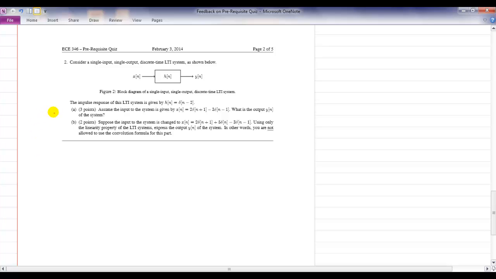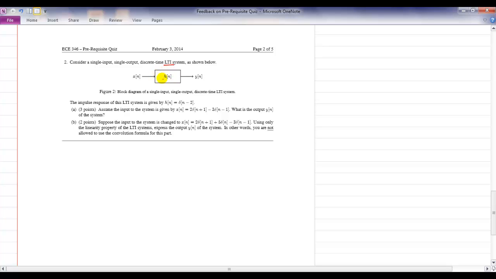We now come to the second question of this quiz, which was specifically about a single input, single output discrete system. But now we said that this is an LTI system. And if you remember, all you need to describe an LTI system is its impulse response.